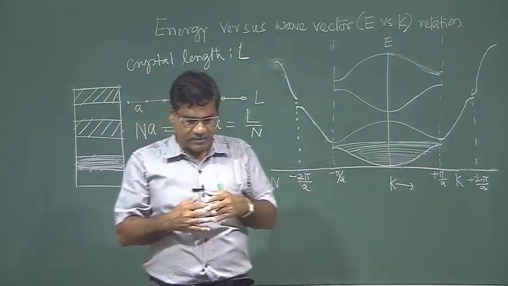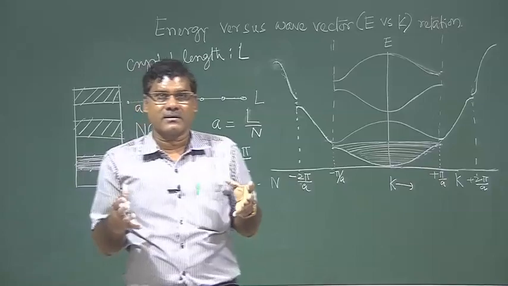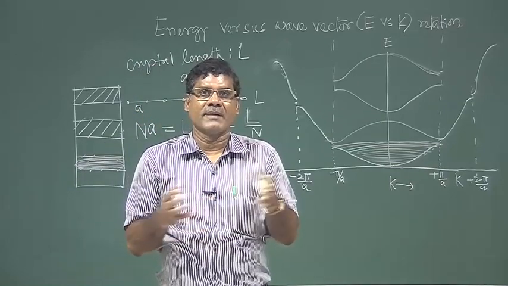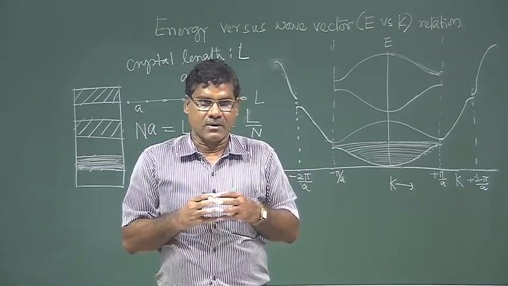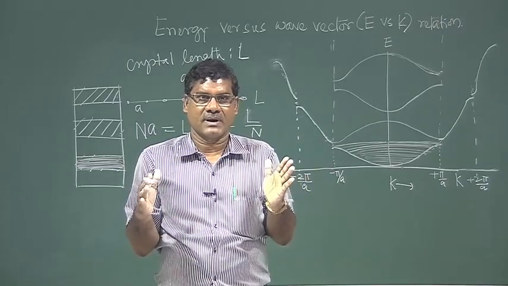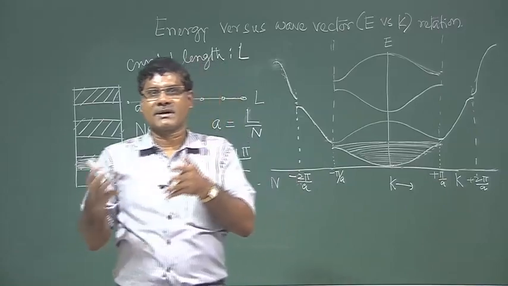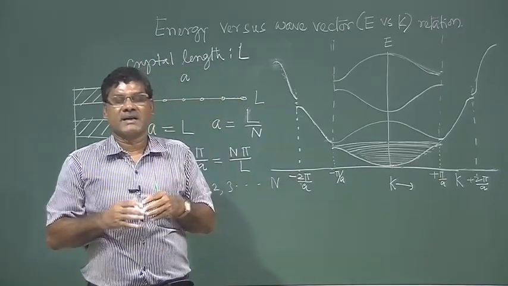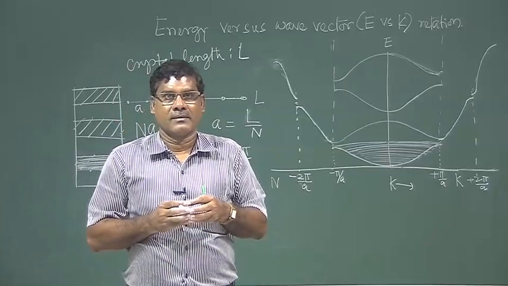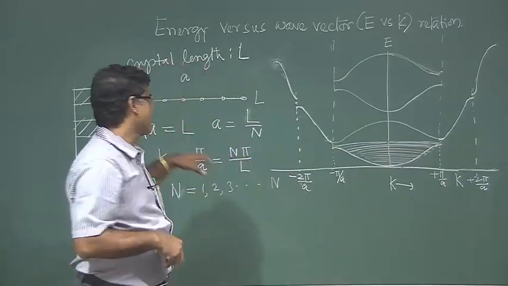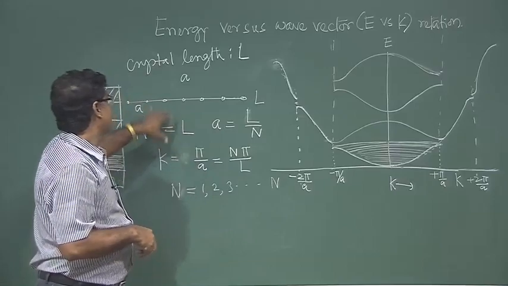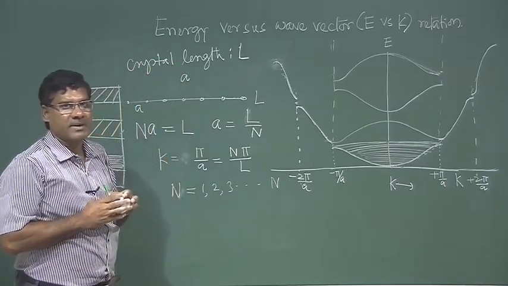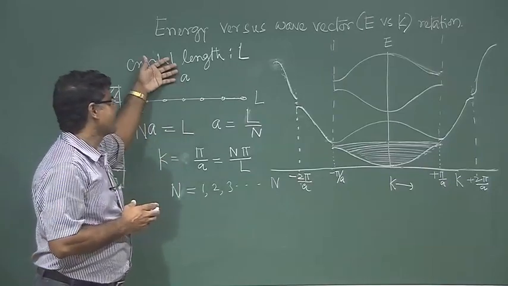So, you see, we started from free electrons and then we confined them in a constant potential, right. Then we considered the periodic potential, but for an infinite crystal, but then again we have come back to the real system where the crystal has finite dimension. If finite dimension, then what happens?